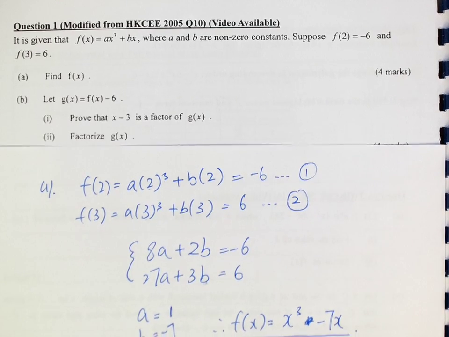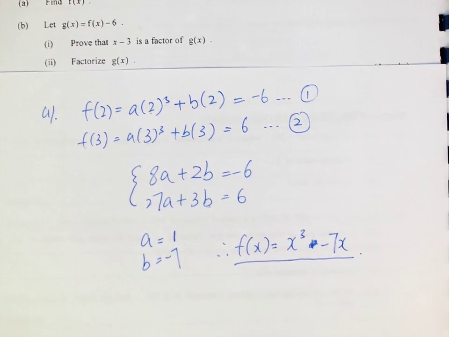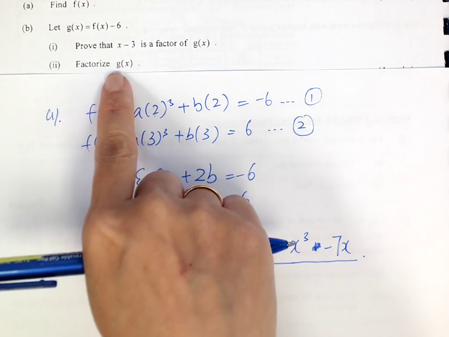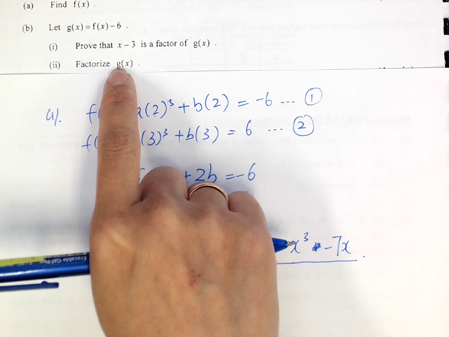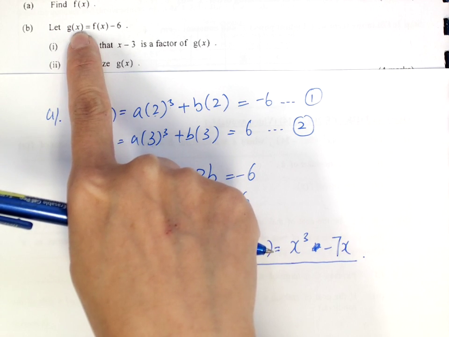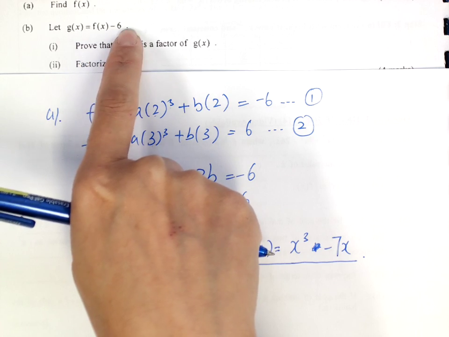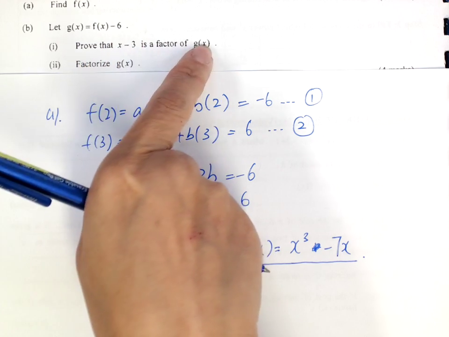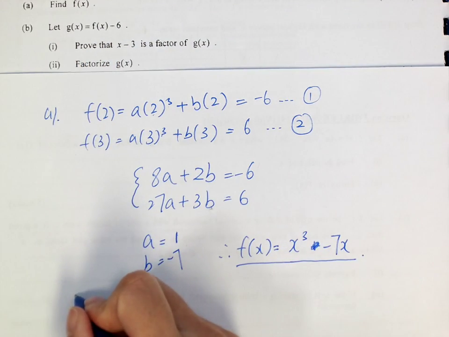Okay, part B, you have to let another function. Another function is the function g. Function g is also a function of x, equal to f(x) minus 6. Alright, so we have to rewrite the function g first.